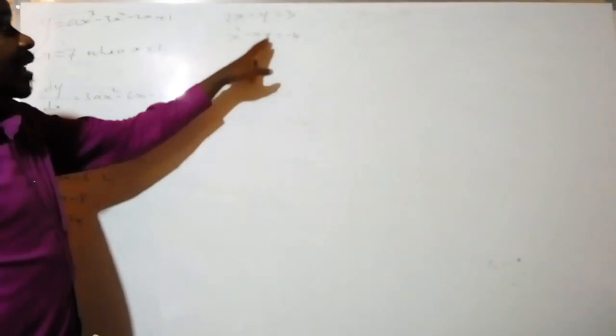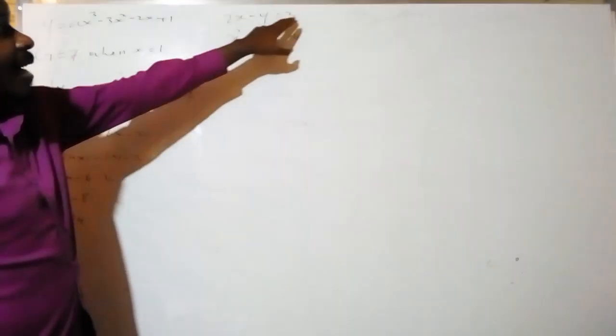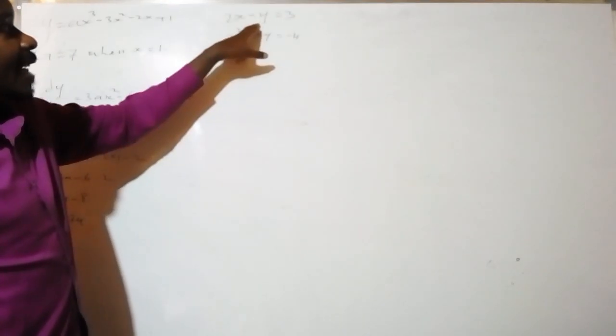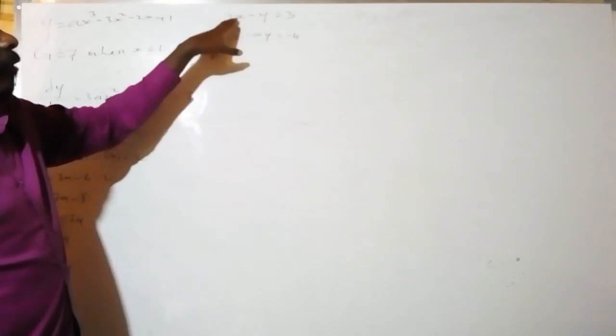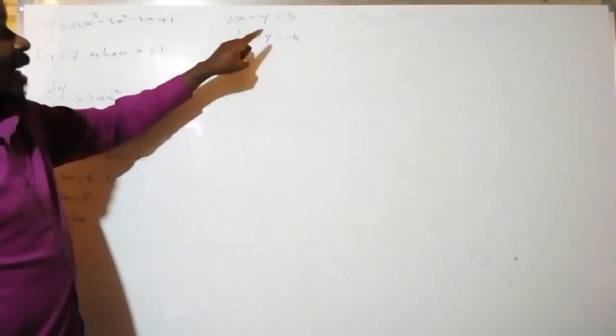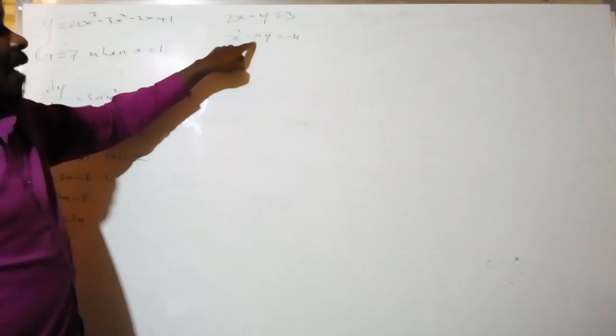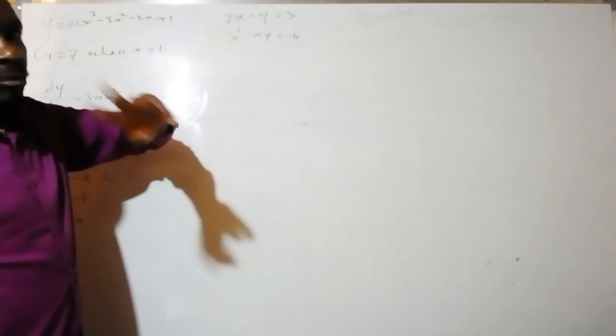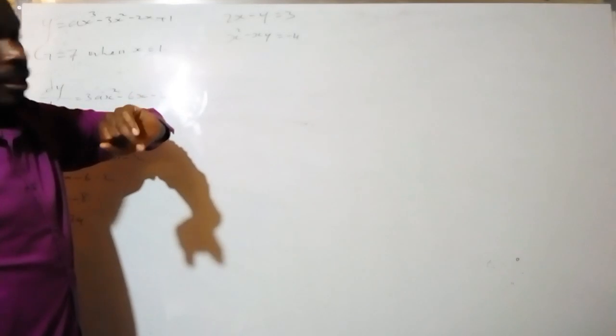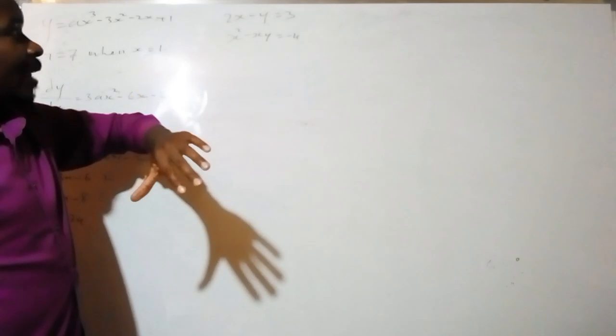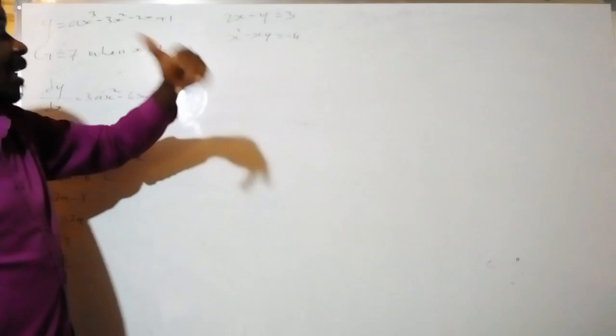In equation 1, it's easier to make y the subject of the formula and substitute in equation 2. Since we have two unknowns, you cannot proceed unless you make one the subject, then substitute to get the other.